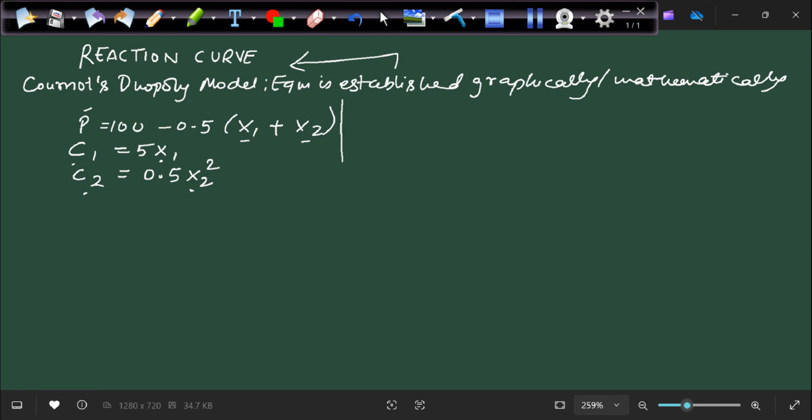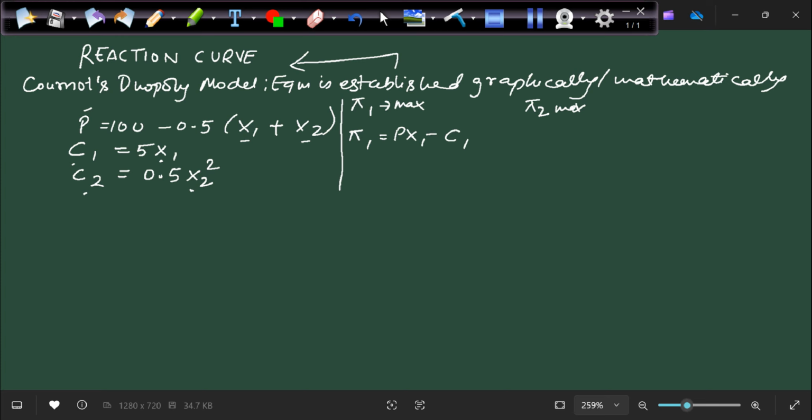Now, like we have studied in the previous videos, in Cournot's duopoly model each firm individually tries to maximize its profit: firm 1 will try to maximize its profit, pi 1, and firm 2 will try to maximize its own profit. So we will first calculate the profit and then maximize it.